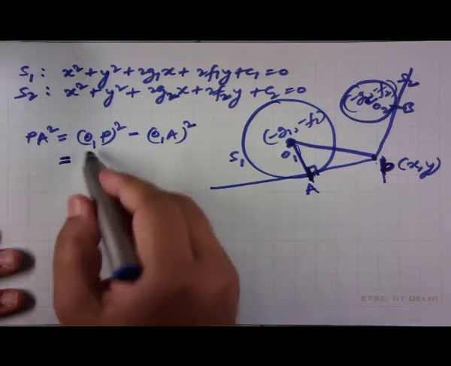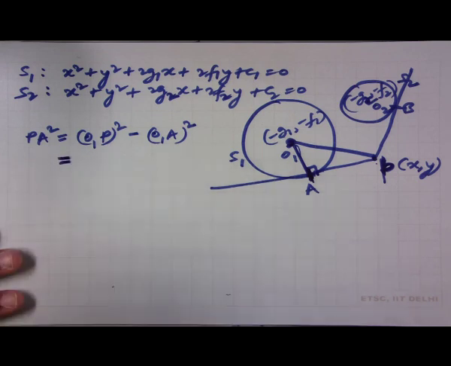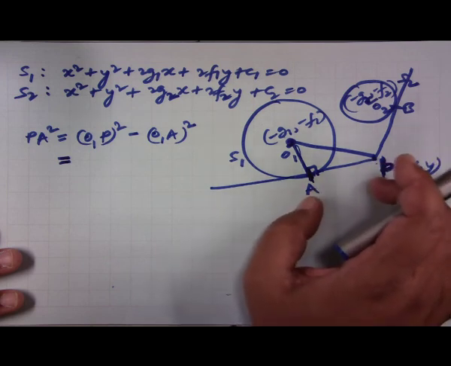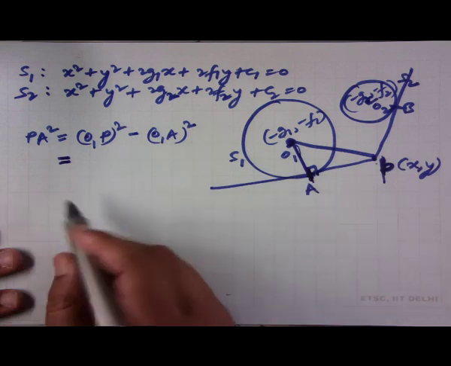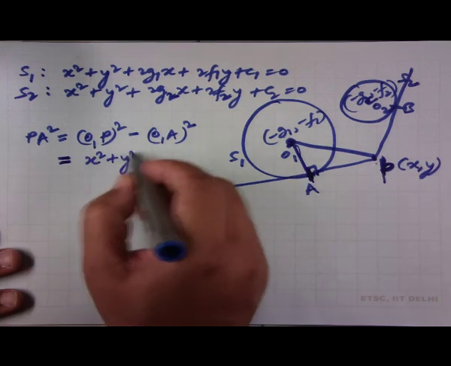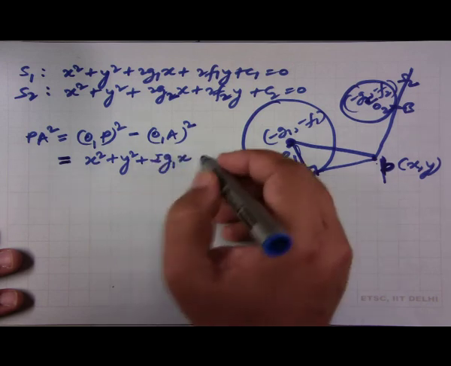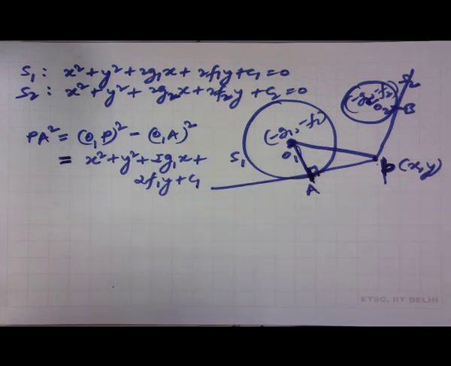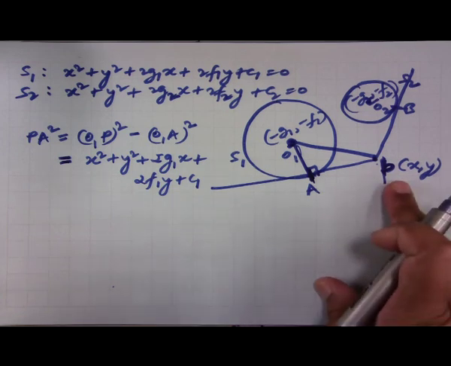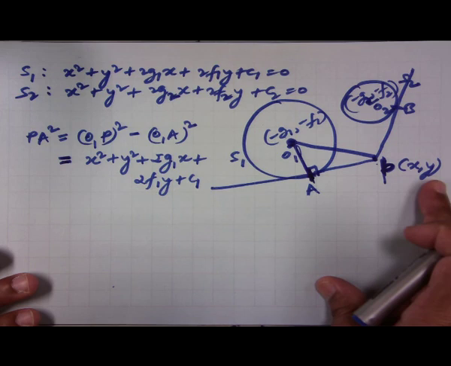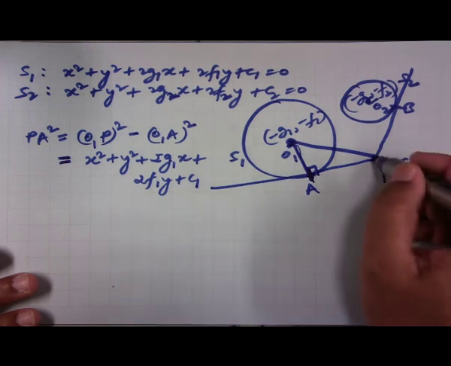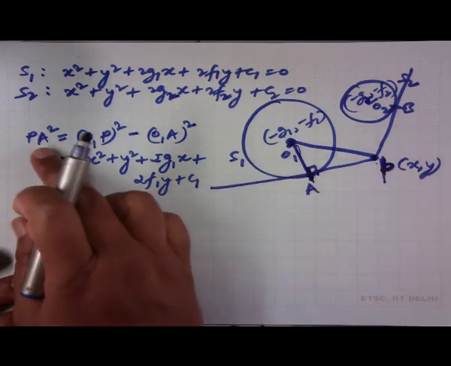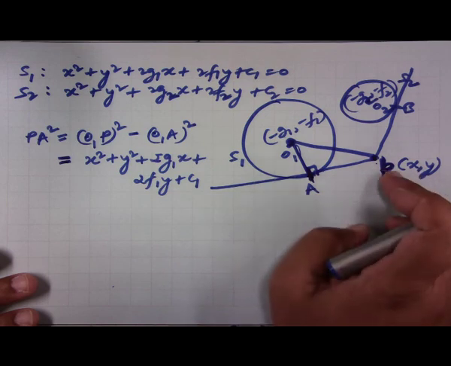And if we do further calculations, as we had already seen in one of the previous lectures, the squared distance of this line segment PA will be equal to x square plus y square plus 2g1x plus 2f1y plus c1, where x and y are actually the coordinates of this point P. So, we have taken x and y to be the coordinates of this point P. In that case, the squared length PA square, if you also recollect, is called the power of this point P with respect to the first circle.